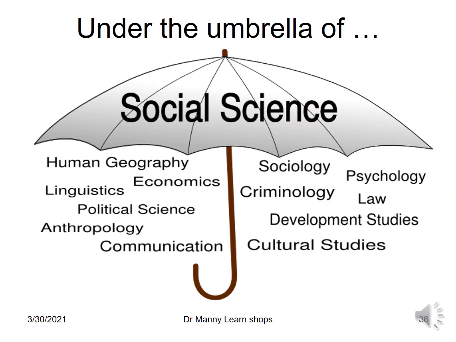And as we already discussed, under the umbrella of social sciences comes human geography, economics, language, political sciences, anthropology, communication, looking at different cultures, law, criminology, the pathology related to sociology or the social sciences, looking at sociology and aspects related to psychology.